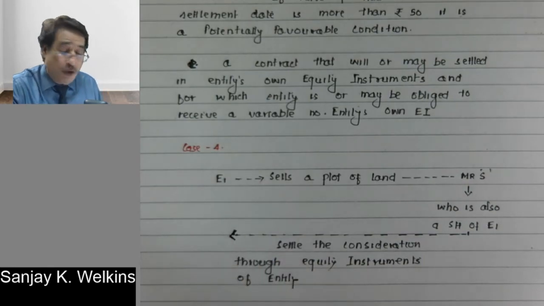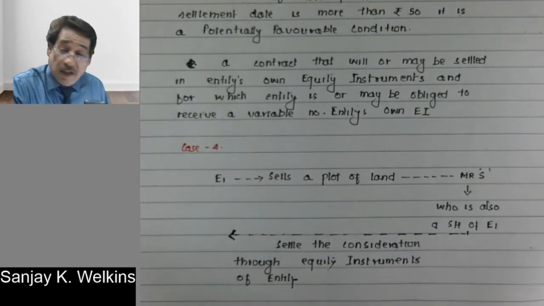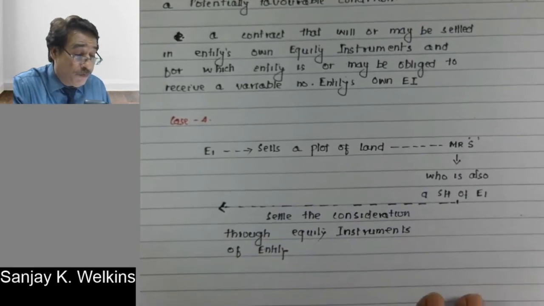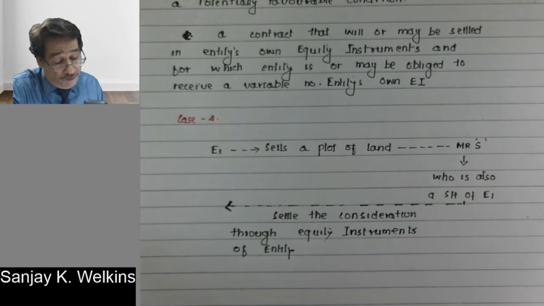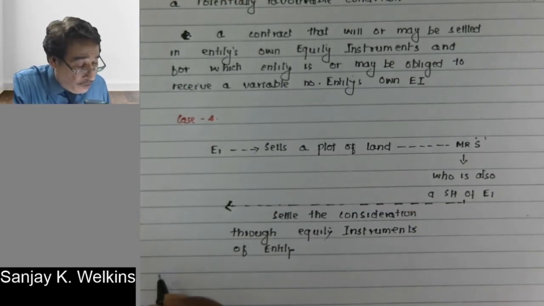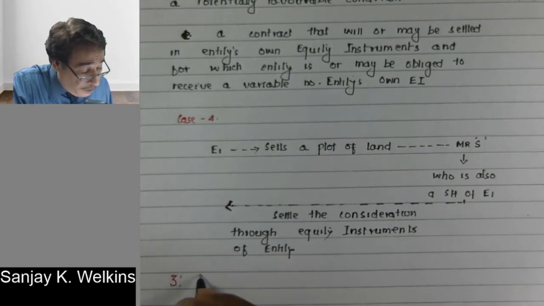Are you getting my point or not? So even such sort of contract is considered a financial asset. It is very important. It is pretty tough, this particular part. So once you have gone through the definition of financial asset, quite obviously now the time is to take up financial liability. Financial liability.